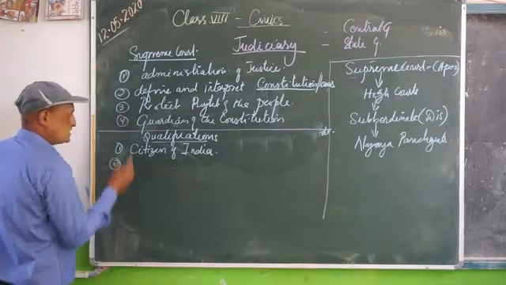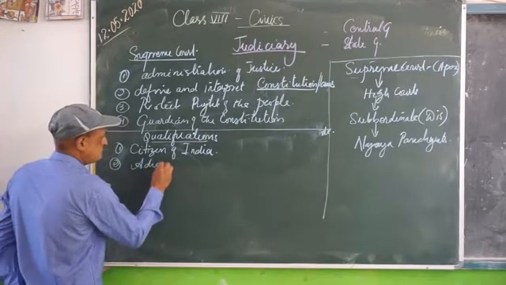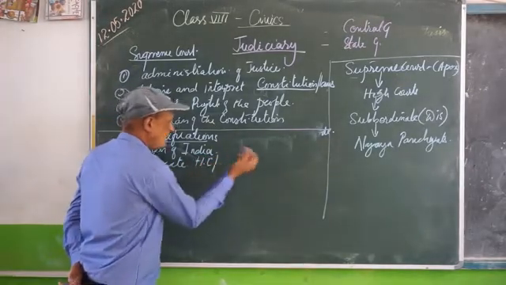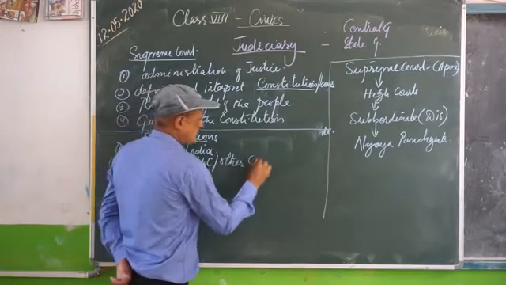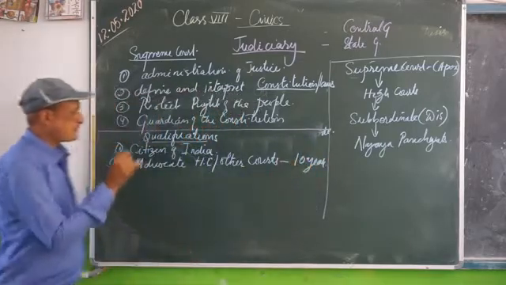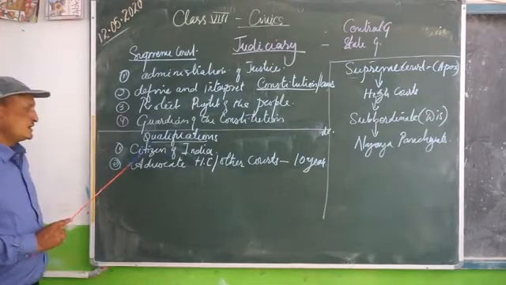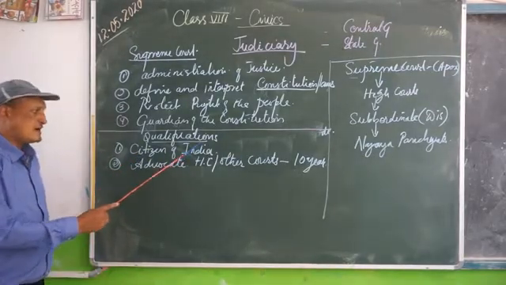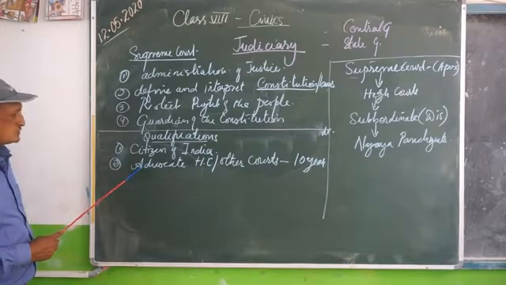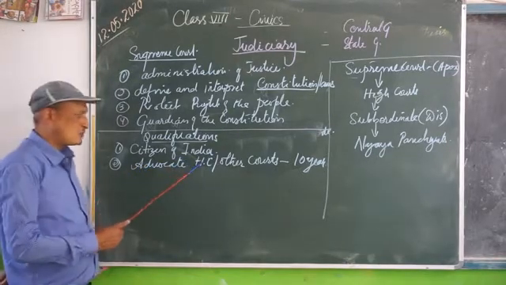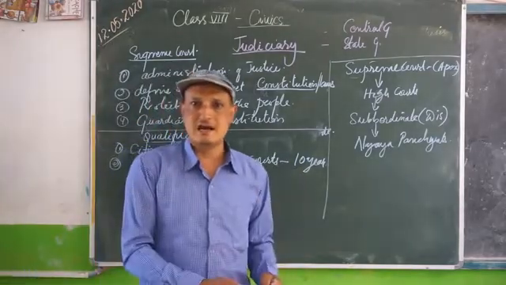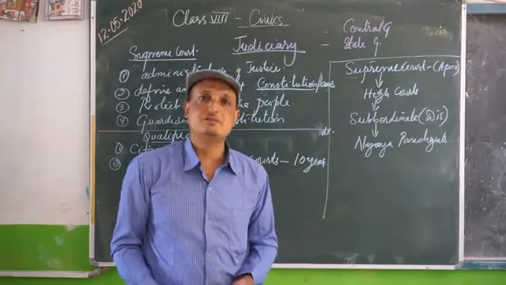Second qualification, he or she should have been an advocate or a lawyer of a high court or other courts for a minimum of 10 years.